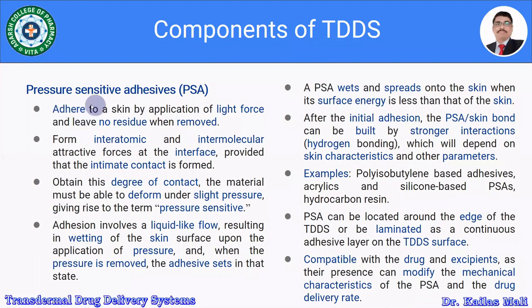It adheres to the skin by application of a light force and leaves no residue when we are removing the PSA. It forms interatomic and intermolecular attractive forces at the interface, provided that intimate contact is formed.